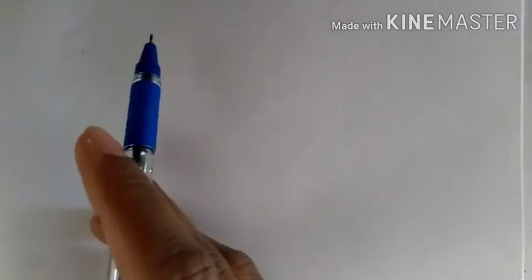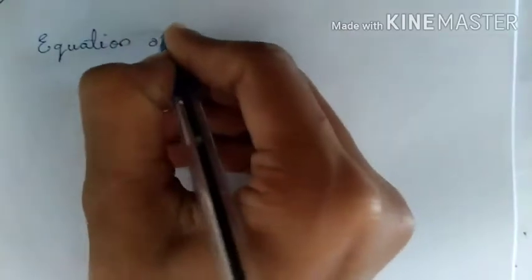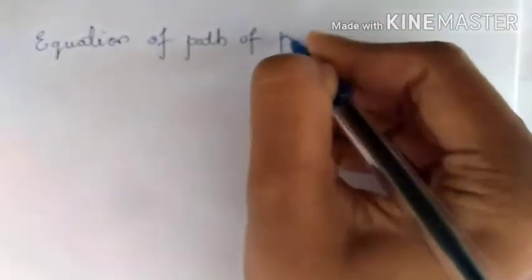In our last class, we derived the formulas for the equation of path of projectile, maximum height, time of flight and horizontal range. So the first equation was the equation of path of projectile.